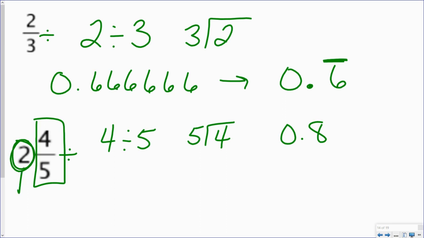But again, I have this whole number 2 out in front, so that's going to take the place of this 0. So just like I have 2 and 4/5, I have 2 and 8/10.